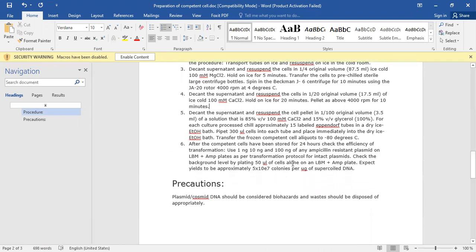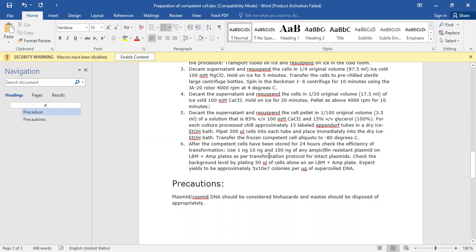For each culture, chill approximately 15 tubes in an ice bath and pipette 300 microliter of cells into each tube and place immediately into a dry ice ethanol bath. Transfer these frozen competent cell aliquots to -80 degrees centigrade.